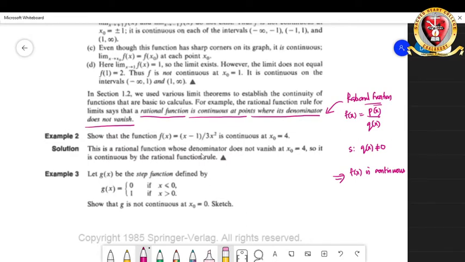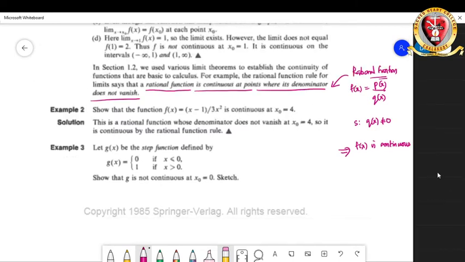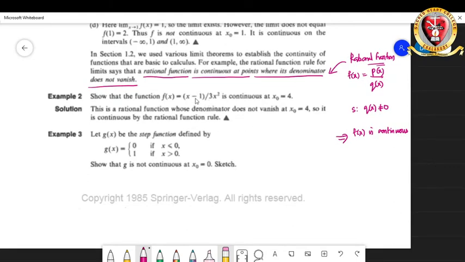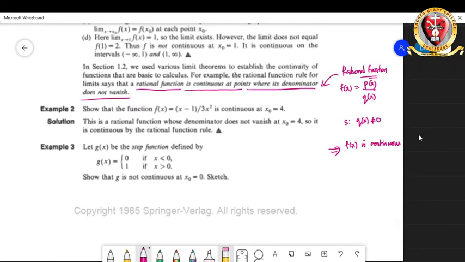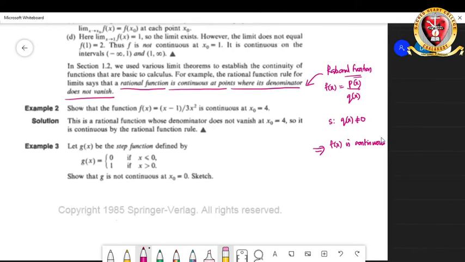Now example 2: show that the function f of x is equal to x minus 1 by 3x squared is continuous at x naught is equal to 4. So the solution: you understand that this is a rational function because you have a numerator and denominator, and we are looking at the continuity of the function at x naught is equal to 4. When you substitute x is equal to 4 for this function, you understand that the denominator is not vanishing, right?